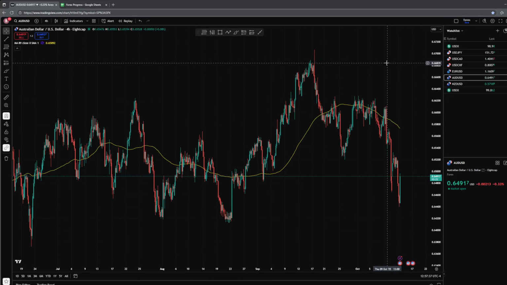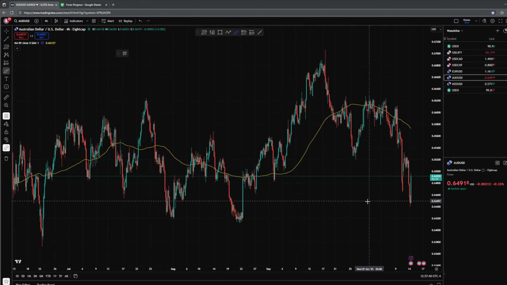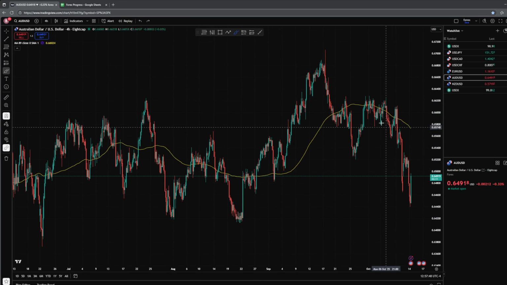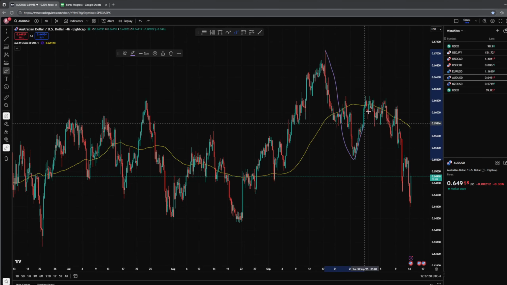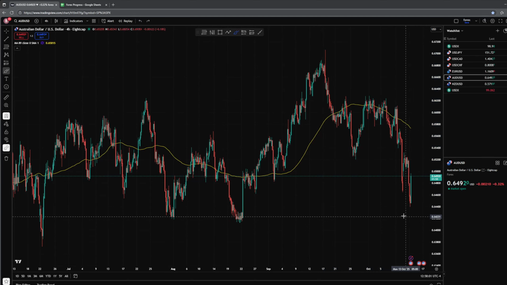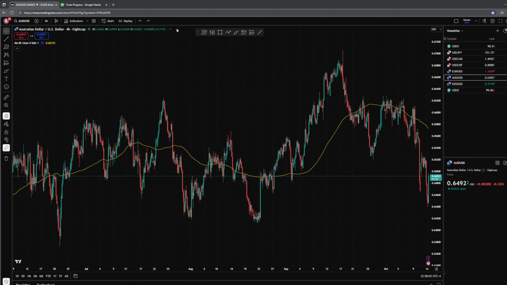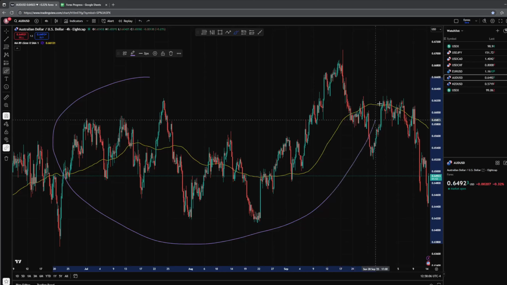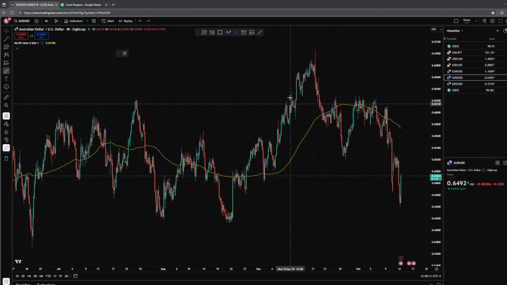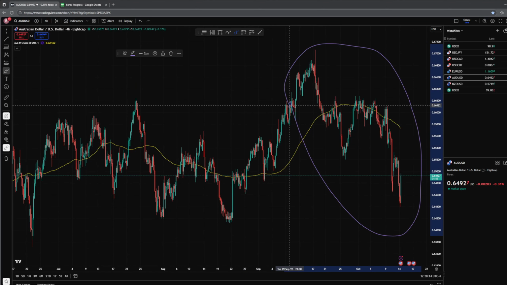Okay, Aussie. So here once again the same story. Although a trend reversal has happened, the majority of the candles are hanging out below the yellow moving average line, which means down, retracement, down, and it should continue to go down like this. But the only reason I'm not trading Aussie is that, you see, in Aussie, the longer term uptrend is not really aligning with the shorter term downtrend.